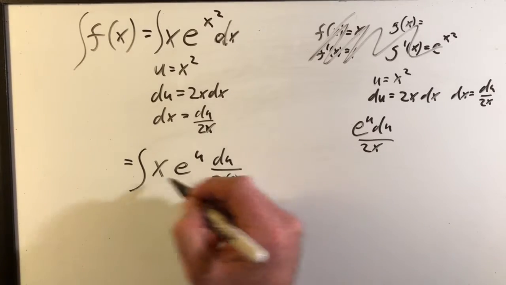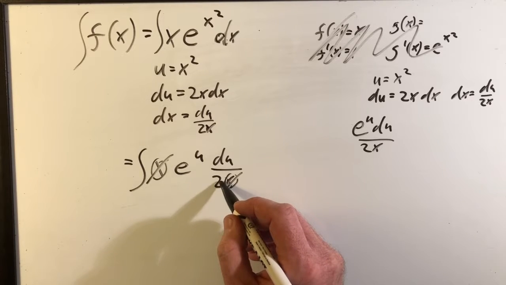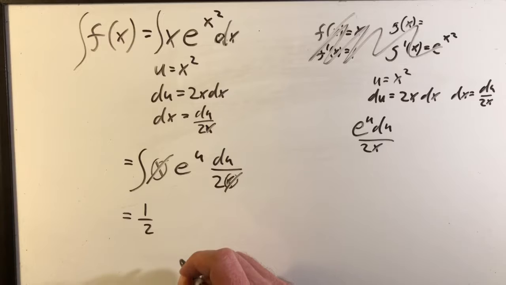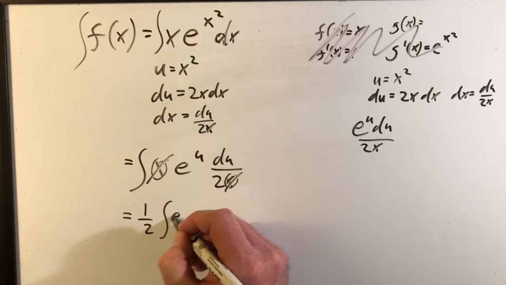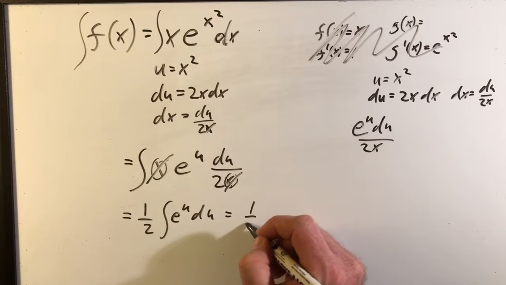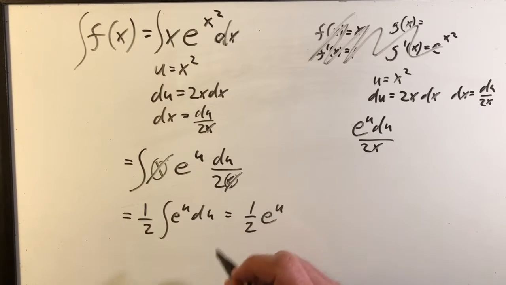So I have an x here and an x here that'll cancel each other out. I have a 2 down here, which I'll throw to the front of the integral: 1/2 the integral of e to the u du, which is simply equal to 1/2 e to the u.